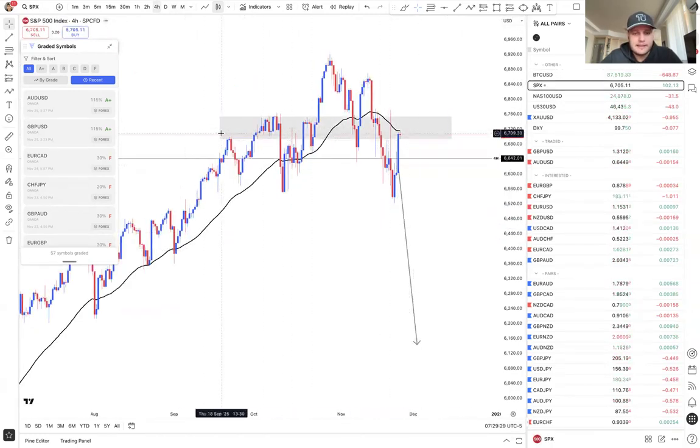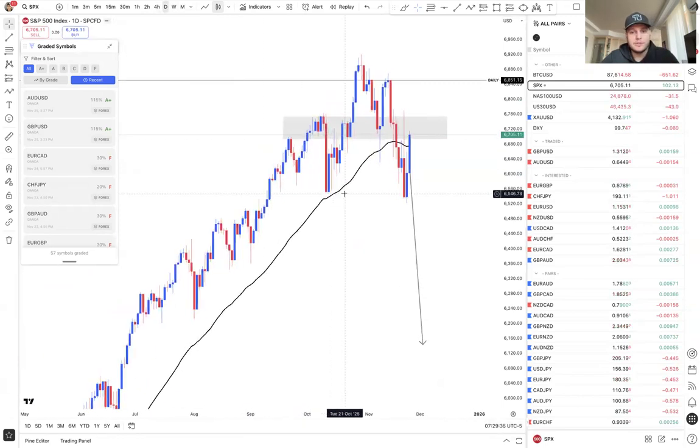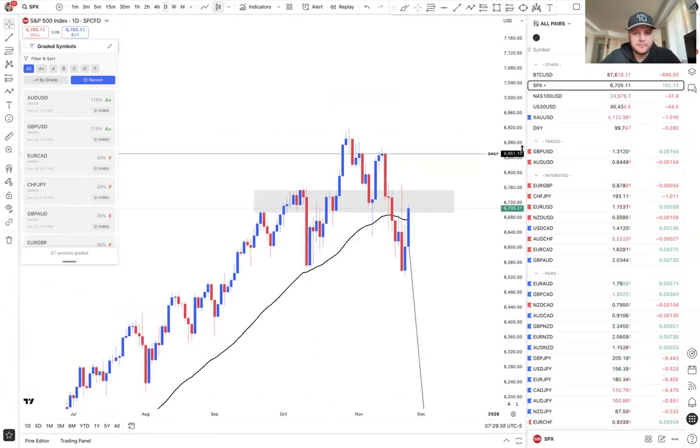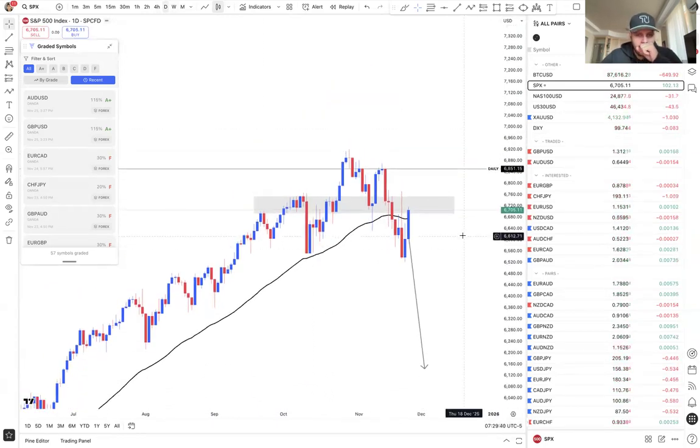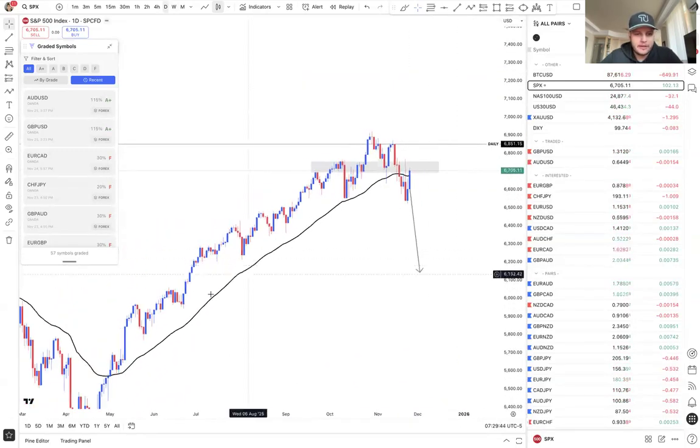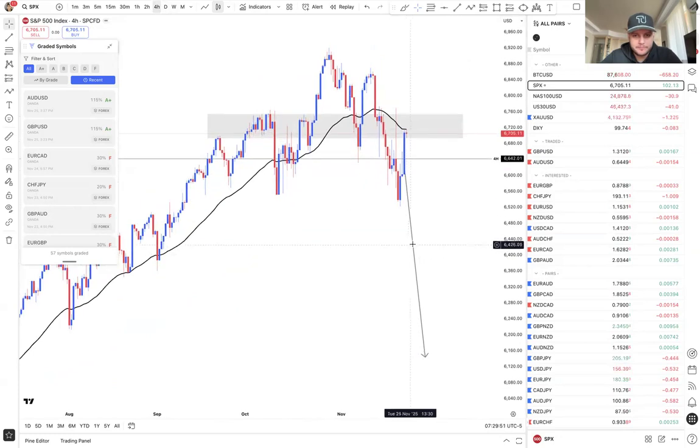SPX is currently sitting at the previous structure at this area of interest underneath the 4-hour EMA. We did have a reaction to the upside. So we broke underneath the daily EMA, and then we broke back above it. At this point, I'm not exactly sure what's going to happen.